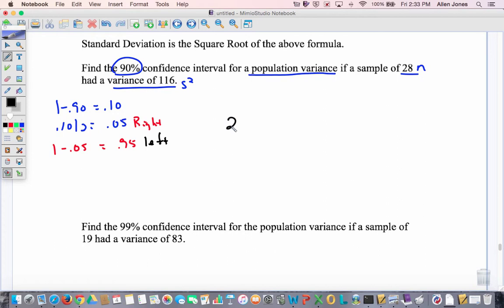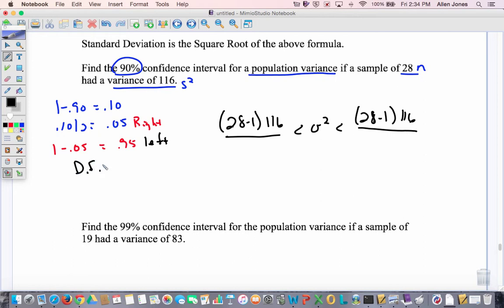So I'm going to set up here. I have my sample size minus 1 times my variance, to construct an interval for the population variance. And now I'm going to go to my table and look up my right and left-hand side. I'm also going to mark on here that I have 27 degrees of freedom. My sample size was 28, so 28 minus 1 is 27.